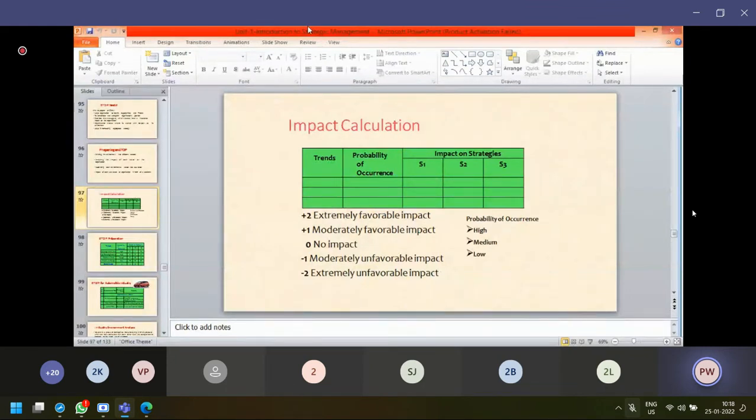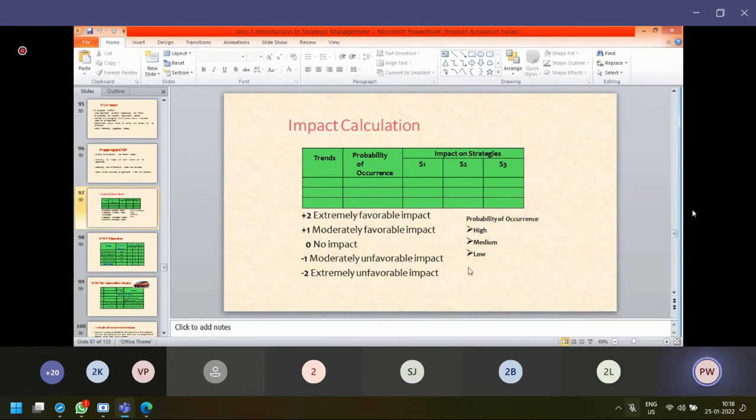So in preparing this ETOP, environmental threat and opportunities profile, whatever factors we have selected, maybe political factor, social factor, technological factor, economical factor, those factors we will subdivide, and then we'll prepare the statements out of it. We'll see whether it is having positive impact or negative impact on our company's operations. So what is the probability of occurrence?